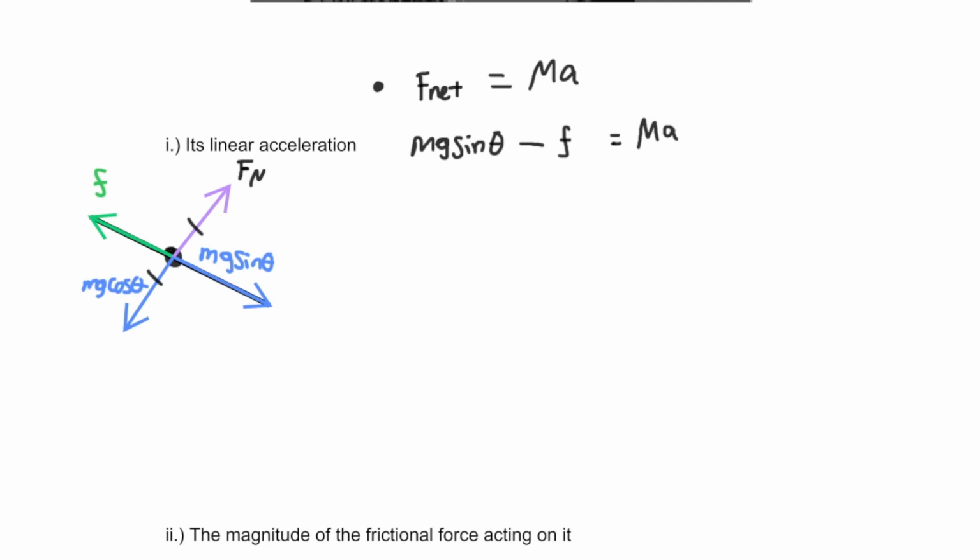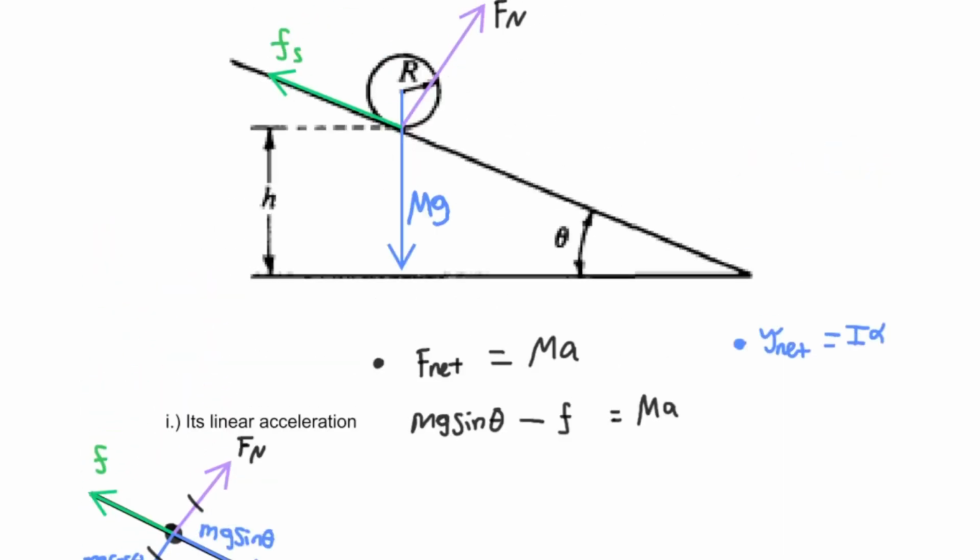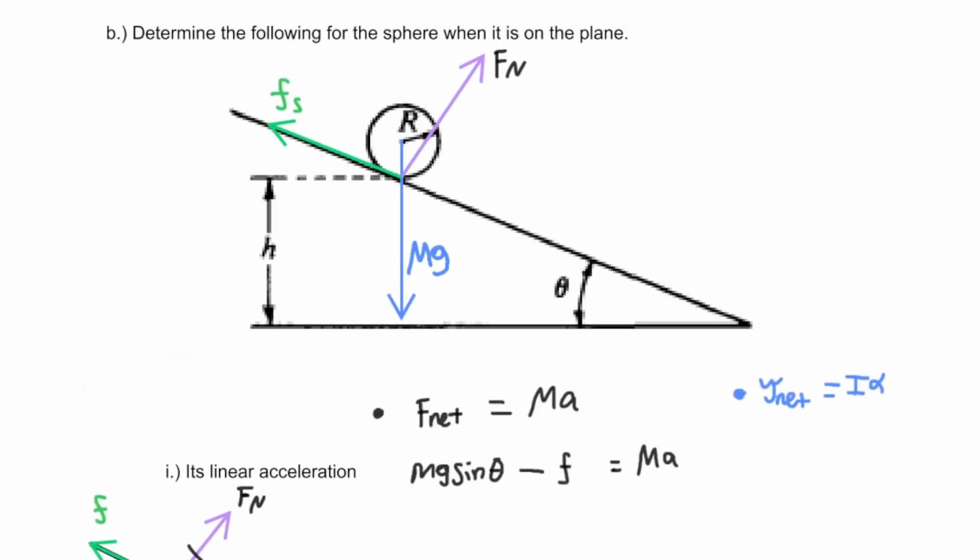So we can also write that net torque is equal to I alpha. And in this problem, the only thing that's causing a torque is friction. Because the mg force is acting at the center of mass, so we're choosing that to be our pivot point.